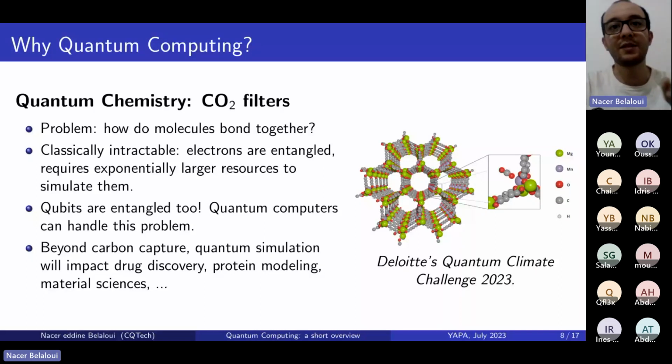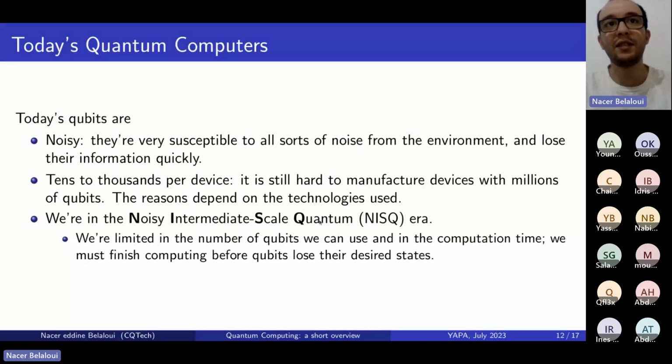That's why we say we are in the NISQ era, the intermediate scale in the number of qubits. But in the long run, we should not be limited by the number of qubits, just like today with classical computers, we are not really limited in the number of classical bits for classically tractable problems.